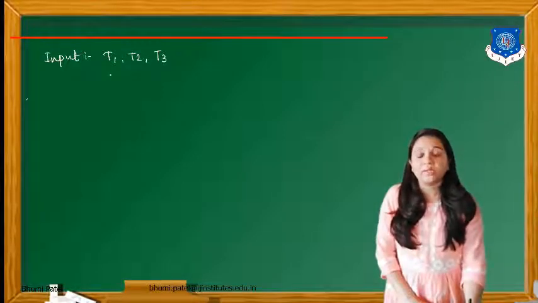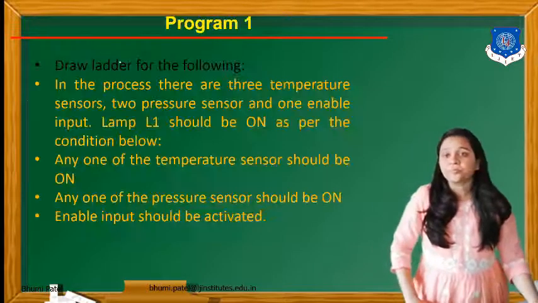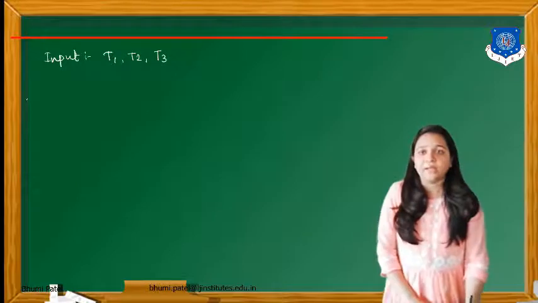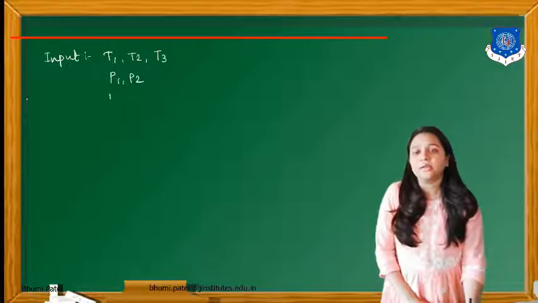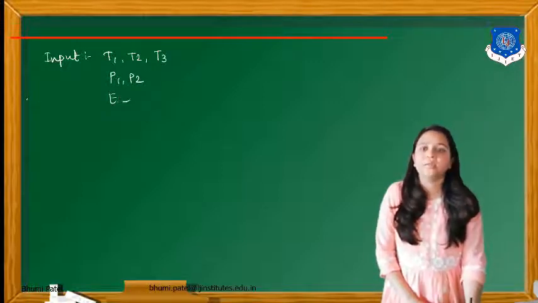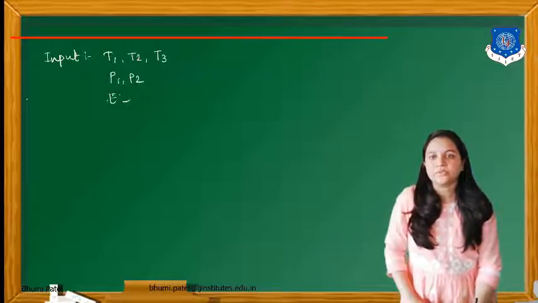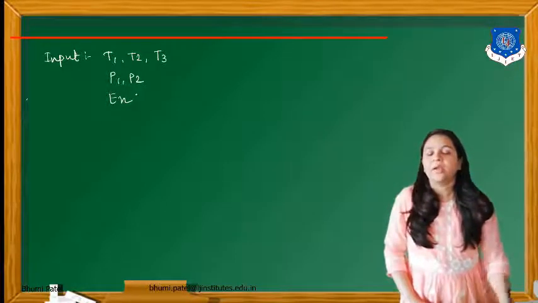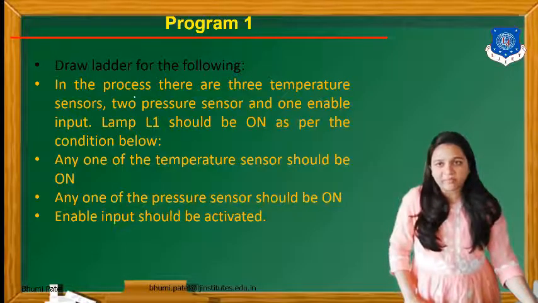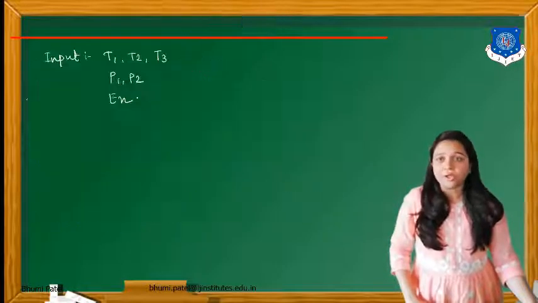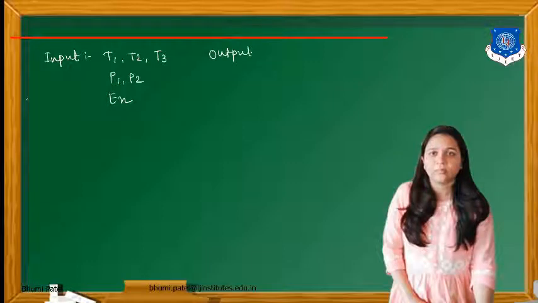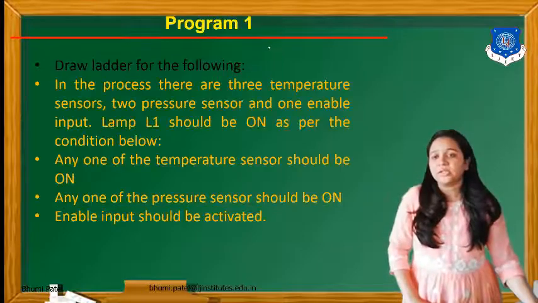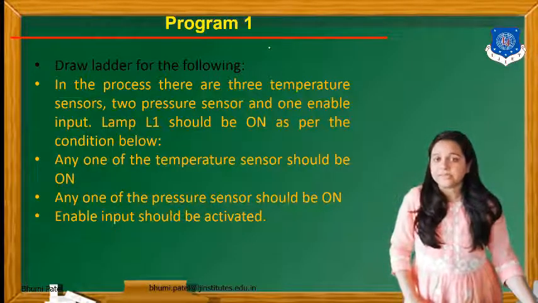The second input is 2 pressure sensors, and the names of the pressure sensors are P1 and P2, and the third condition will be the enable input. Clear? So this is my third input, enable. Now whenever this condition is satisfied, the lamp L1 should be on. So our output is lamp L1.